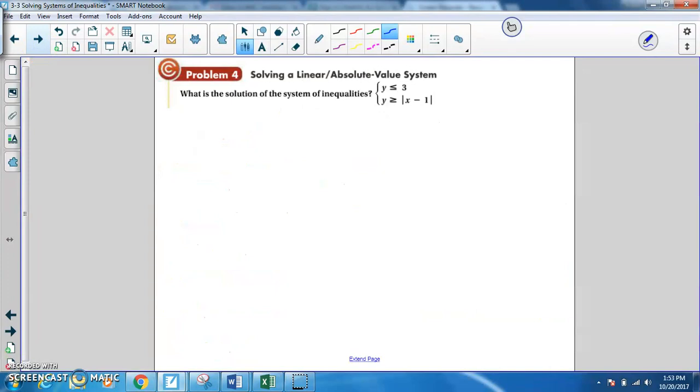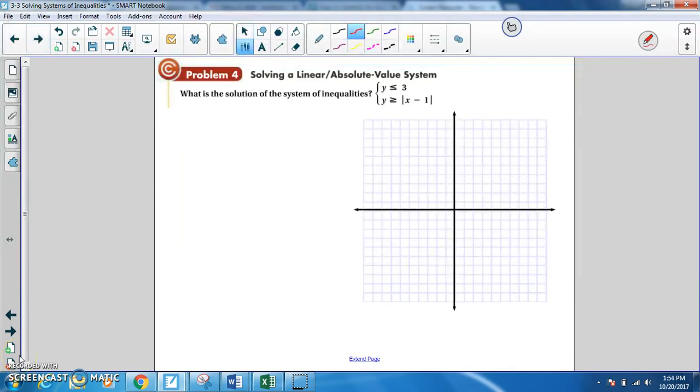Solving a linear and absolute value system. So what is the solution of the system of inequalities? y is less than or equal to 3 and y is greater than or equal to the absolute value of x minus 1. y is less than or equal to 3 means that I have a horizontal line at 3.